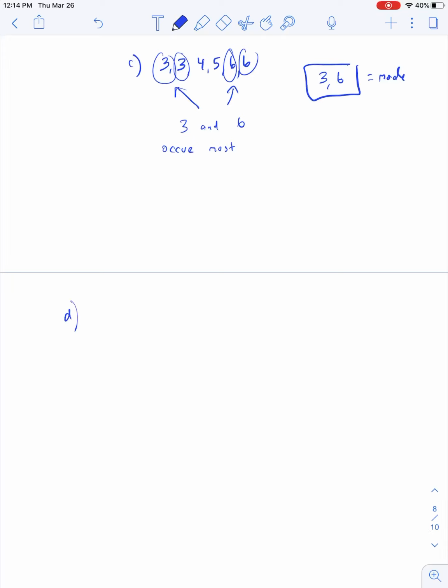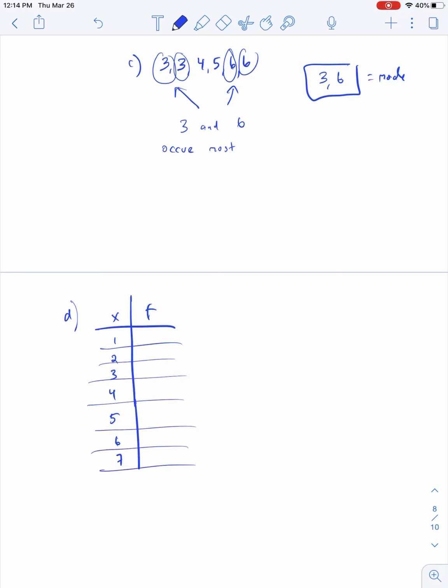What if we had a frequency distribution table? All right, so we got 1 through 7: 1, 2, 3, 4, 5, 6, 7. We have 2, 4, 5, 7, 6, 4, 3. All right.